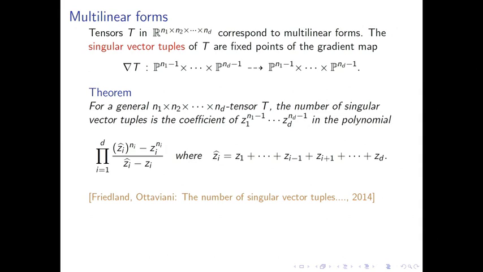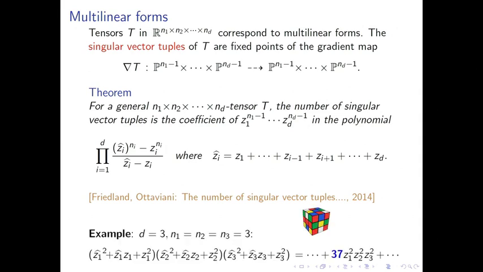And I multiply these polynomials over all i. Then I take the coefficient of the distinguished monomial. In this expansion, there will be one distinguished monomial that marks the dimensions of the projective spaces, that marks the format of the tensor. So in the Rubik's Cube case, the answer is 37.